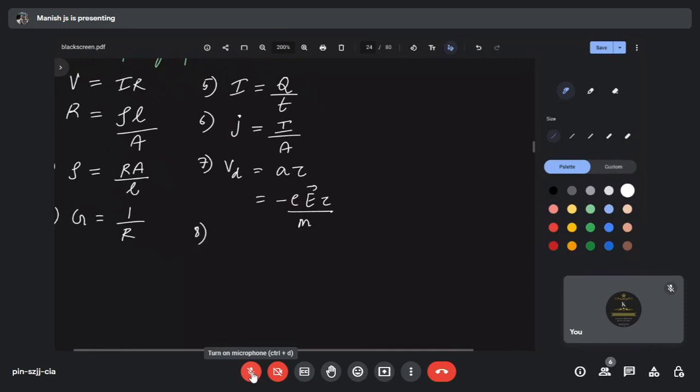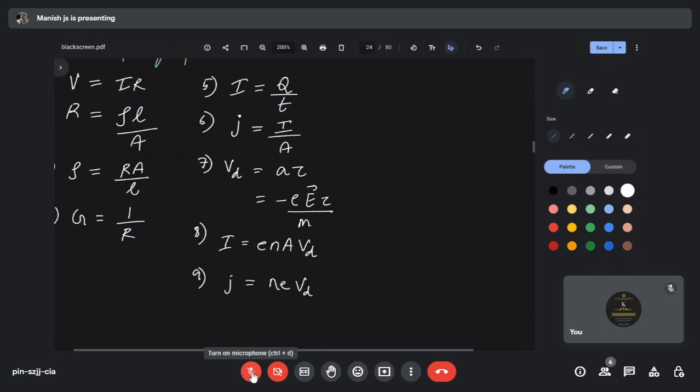So you have I is equal to NEAVD. This is also one more relationship. Adhe mari in terms of current density also can be expressed. J is equal to NE times VD. You go for a rearrangement, you will get this. So these are all the important formulas that you should be knowing.